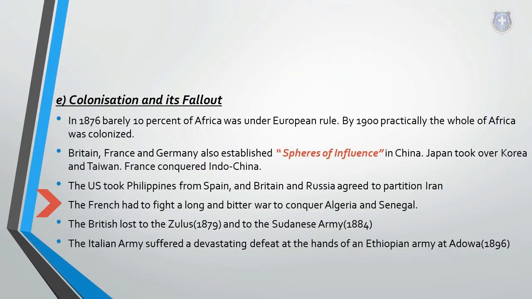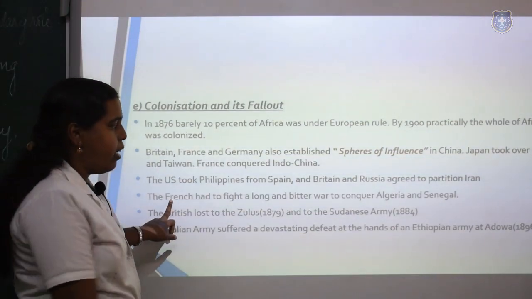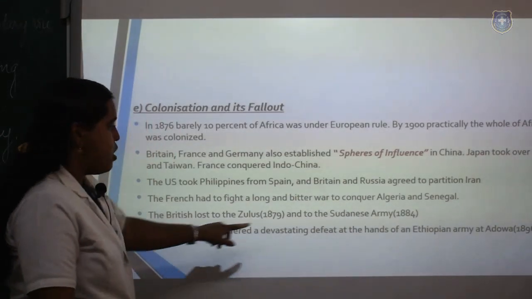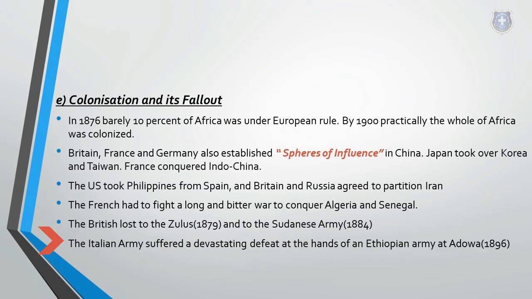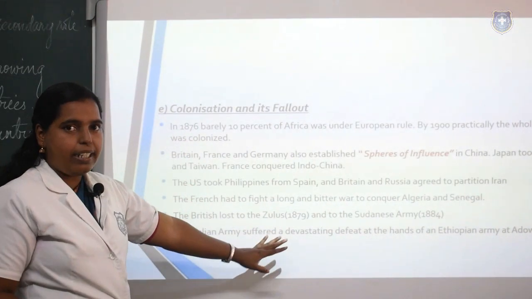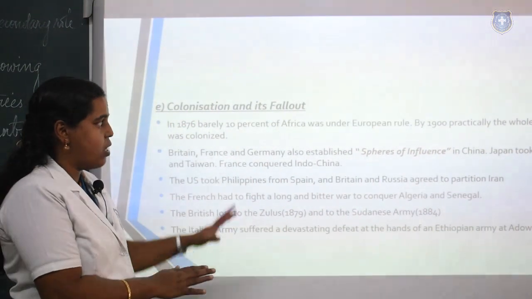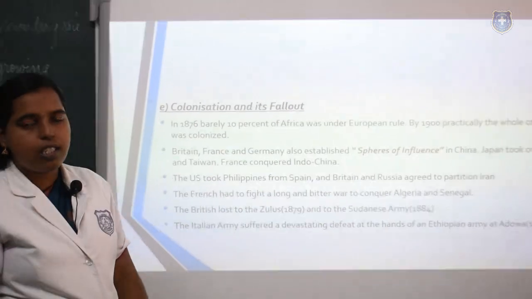Then the French fought a long and bitter war to conquer Algeria and Senegal, and the British lost to the Zulus and the Sudanese army. Then the Italian army suffered a devastating defeat at the hands of the Ethiopian army at Adowa. These are a few of the countries which were dominated, and which fought back against the dominating countries. That's what is said here in colonization and its fallout.